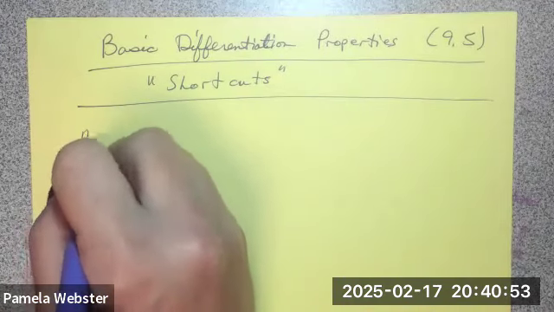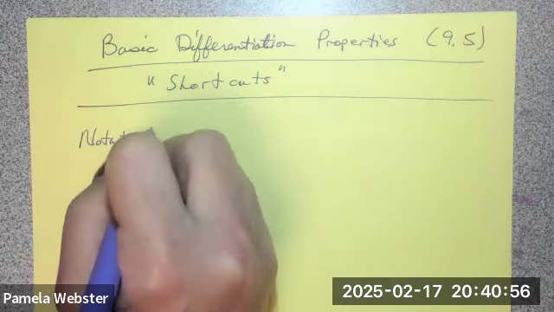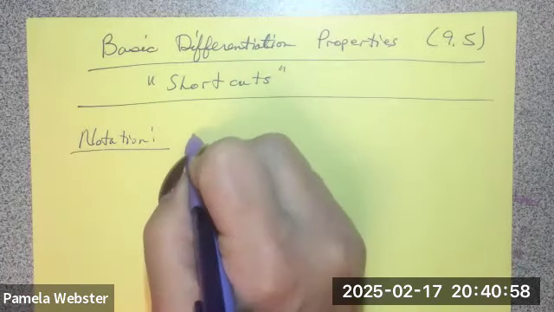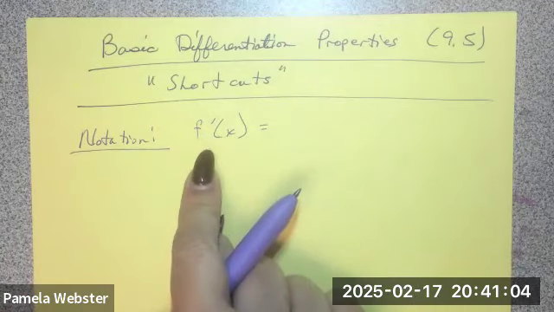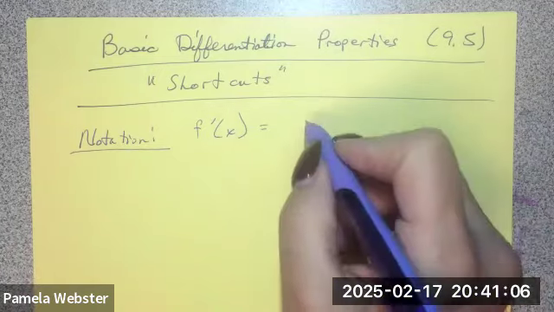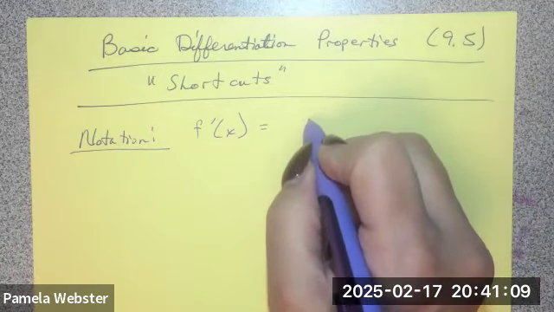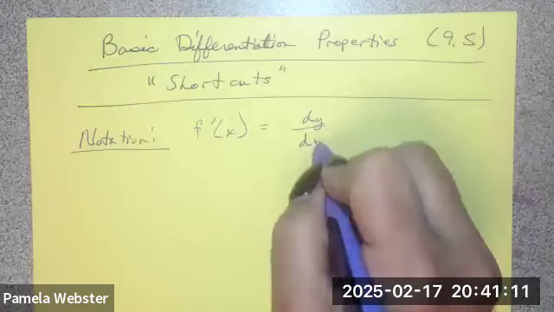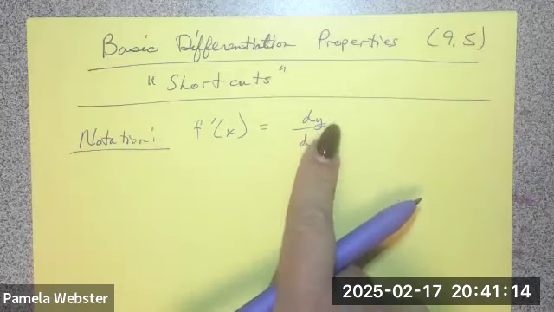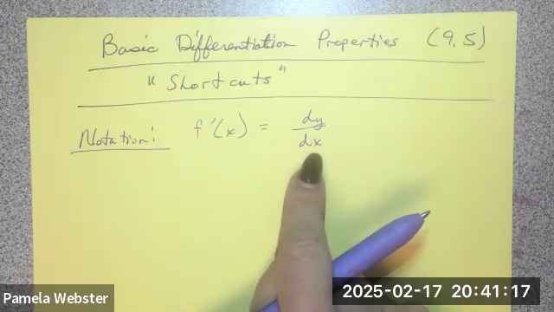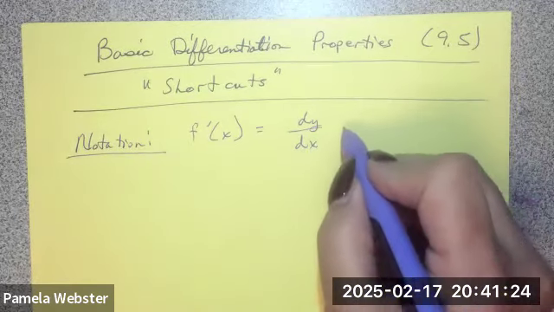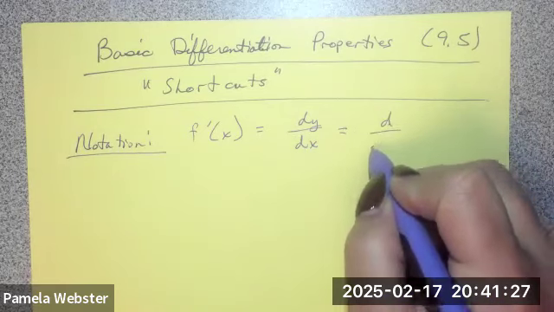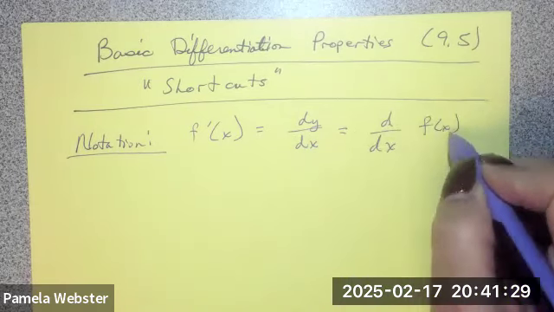Okay, so real quickly, a notation, just because I want you to be all up on it. So f prime of x, we've got that guy. That means derivative, right? But there's a little bit of other notation that you see sometimes. dy dx. This is the derivative of y with respect to x is what we say. We use this whenever we've got, as most of our things are, a variable in the function that is x. Or d dx f of x.